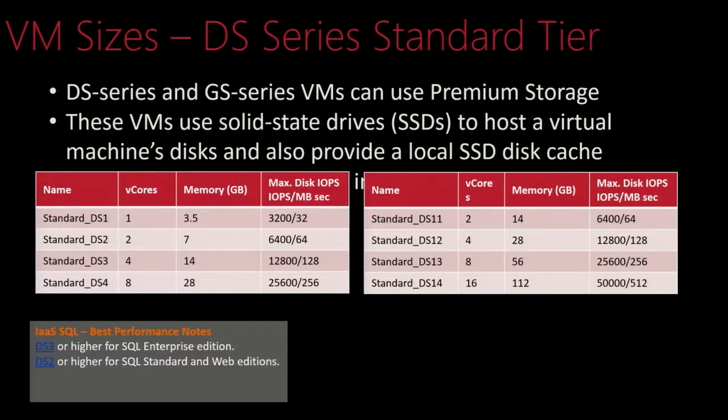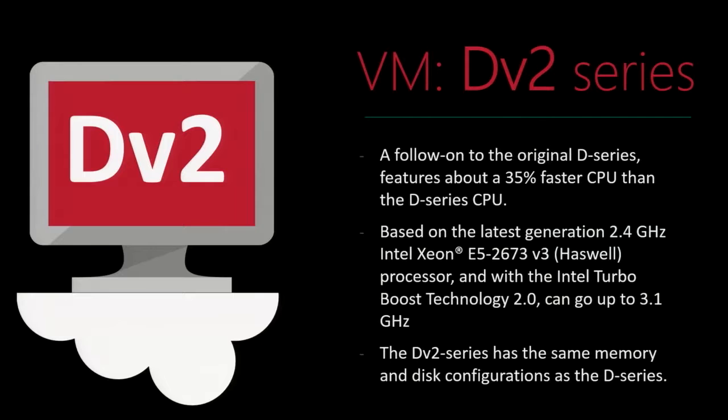Again, this is just a brief overview. A DS14, you've got 16 cores, 112 gig of memory, and with that comes 50,000 IOPS, right? So pretty remarkable performance. DV2, that's a follow-up to the original D. So these are version 2 of the Ds.